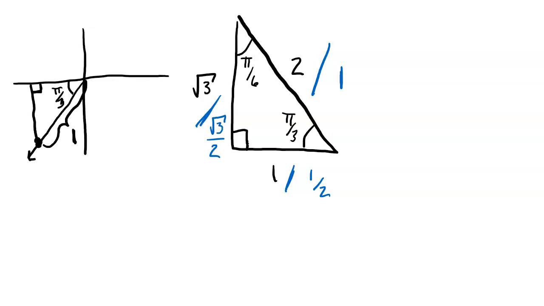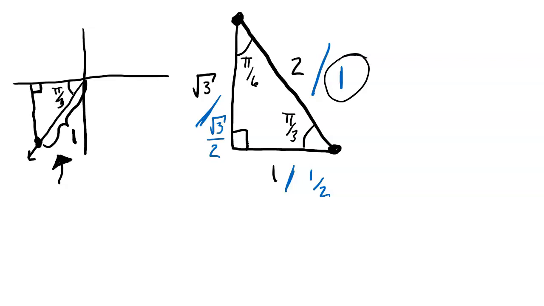So now if you look at the one in blue, this 1 is telling us that the distance between this point right here and this point right here is 1, which is exactly what we have down here with our 4 pi over 3 angle.